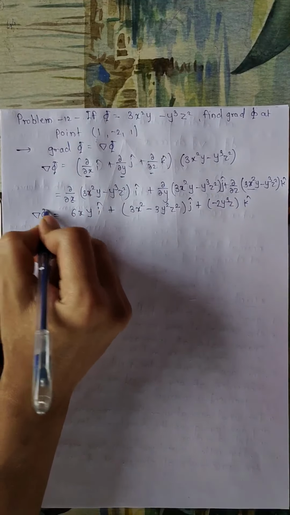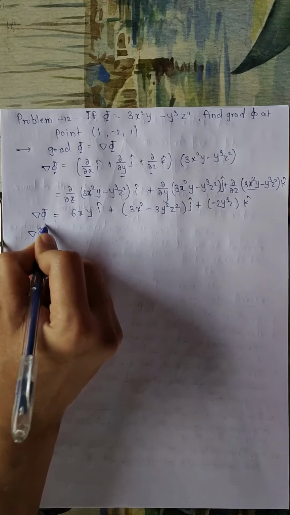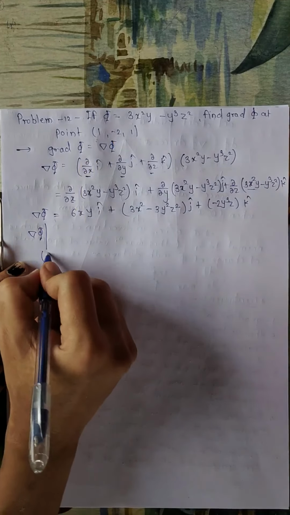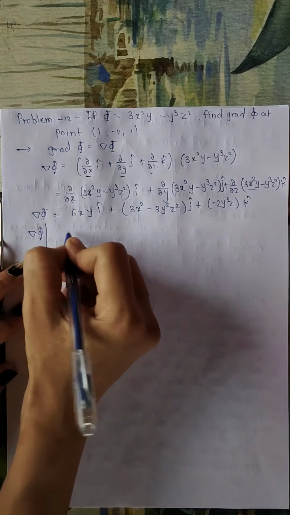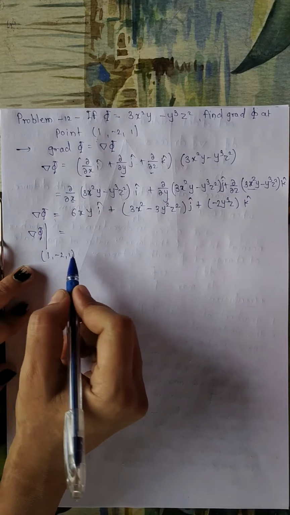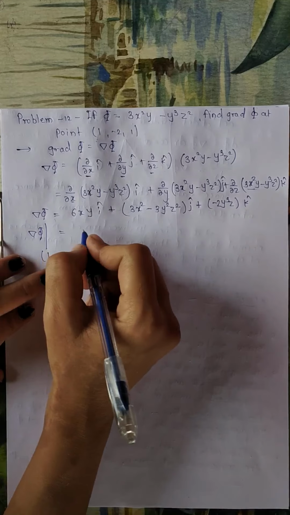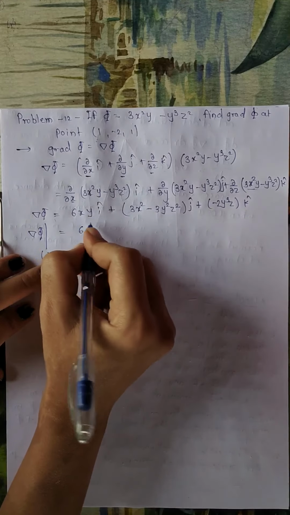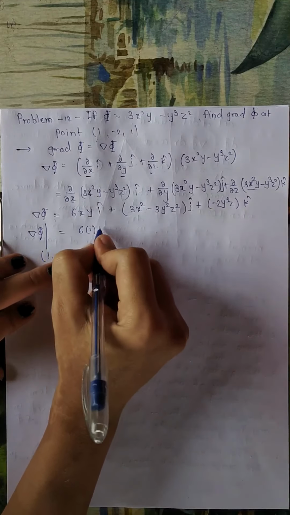Now we have to find this del phi at which point? 1, minus 2 and 1. Meaning wherever there are x, y, z, you have to put 1, minus 2 and 1 respectively. So let's substitute. Instead of x, we have to put 1. What is our y?